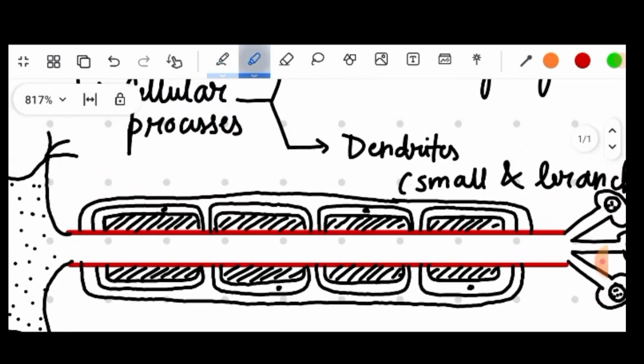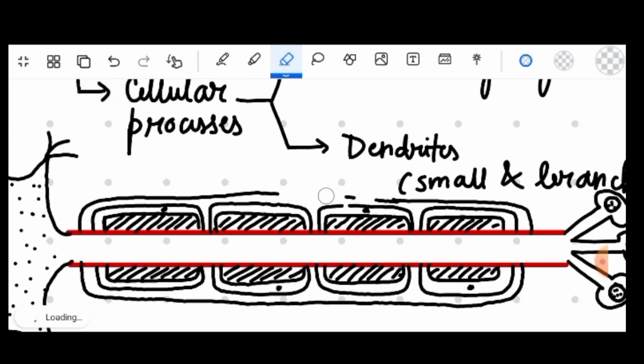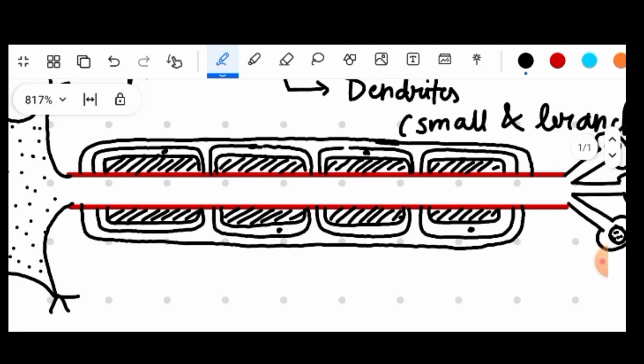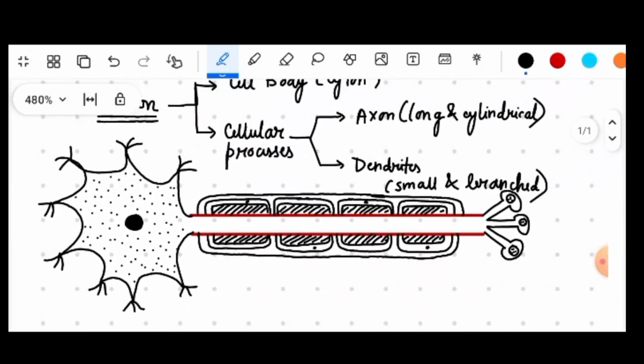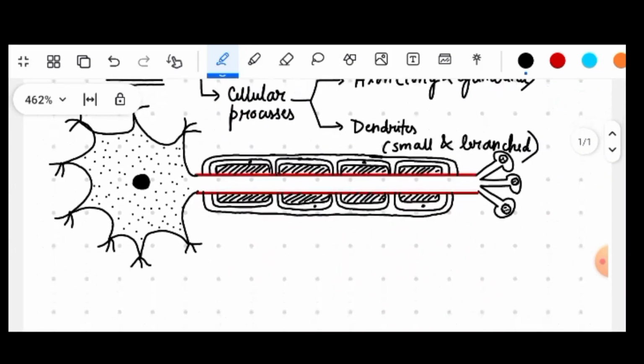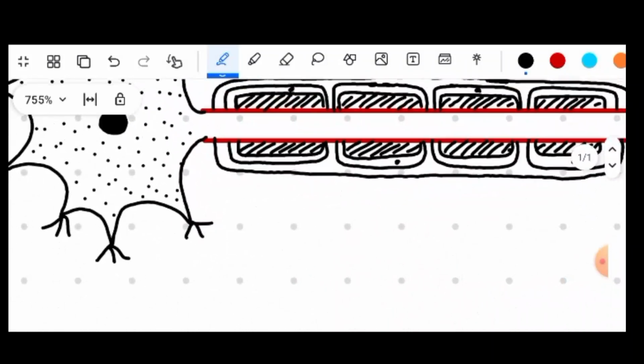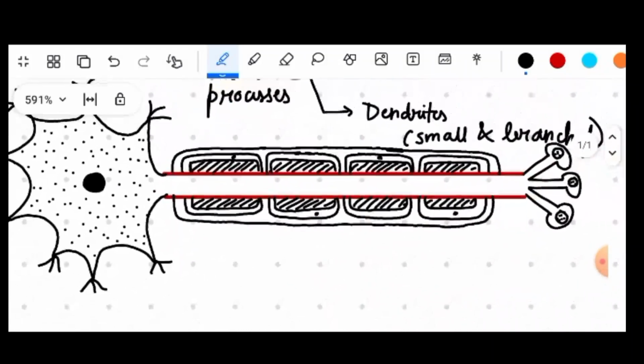Okay, let's correct this part. So I've drawn the basic structure of the neuron. Now let's go into the labeling and understanding part.